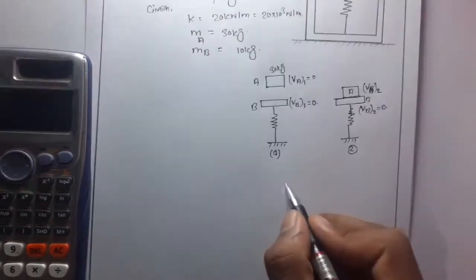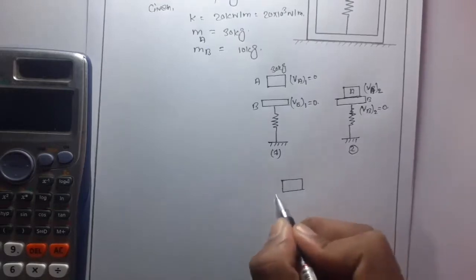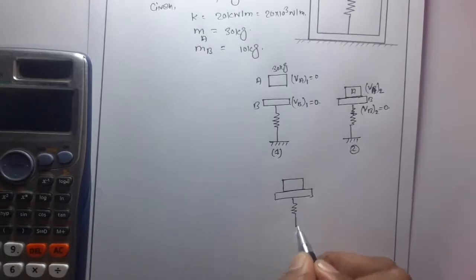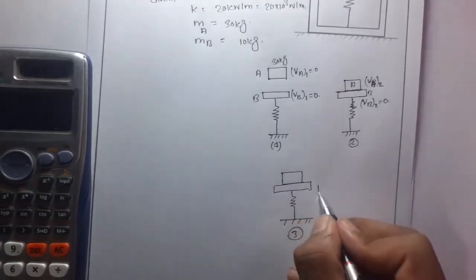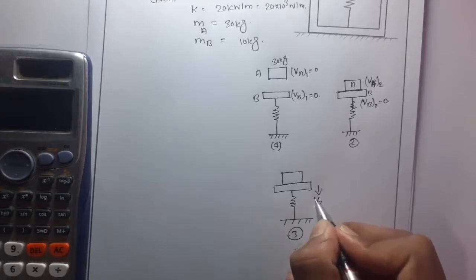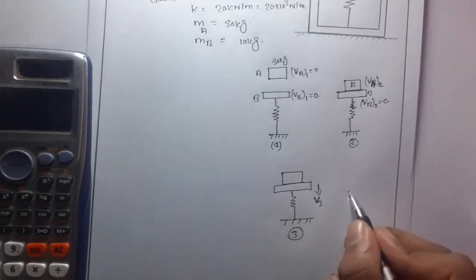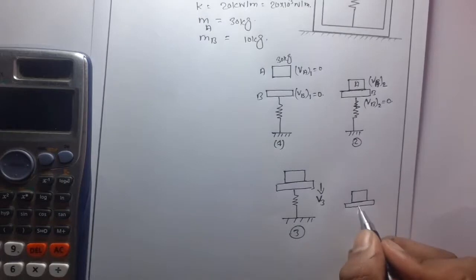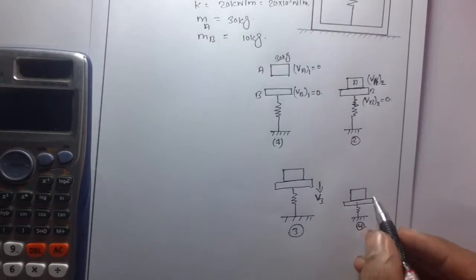After that, this is position 3 and it moves below with a velocity v3, and this is the final position 4.